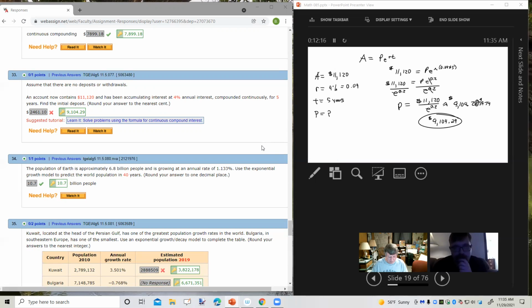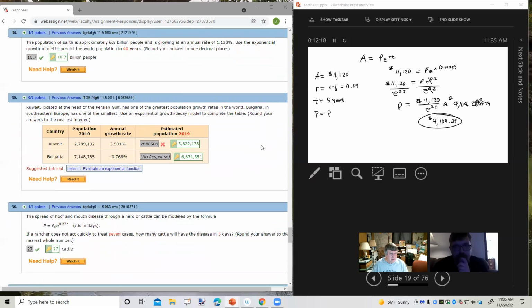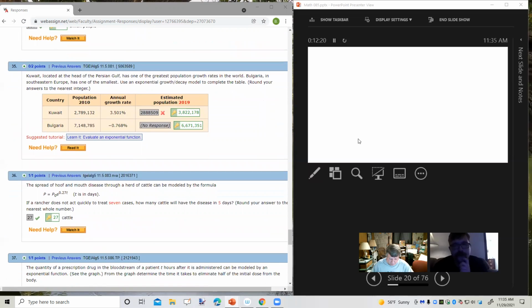Oh, okay. Let's take a look at number 35. So this is still in section 11.5, number 35. It says, Kuwait, located at the head of the Persian Gulf, has one of the greatest population growth rates in the world. Bulgaria, in southeastern Europe, has one of the smallest.